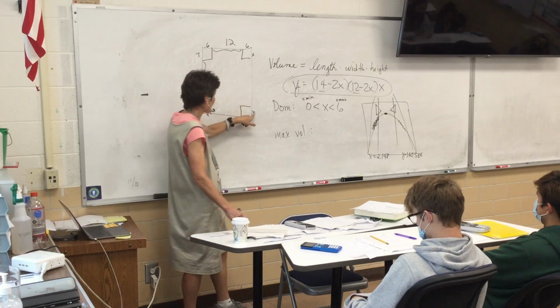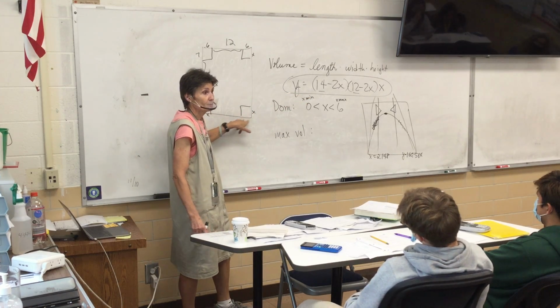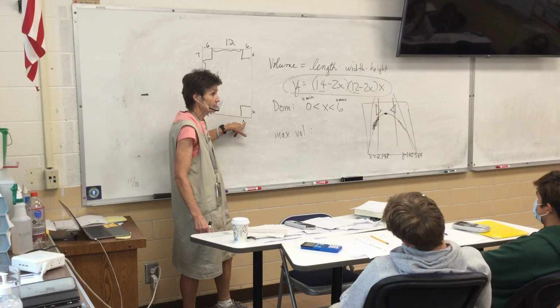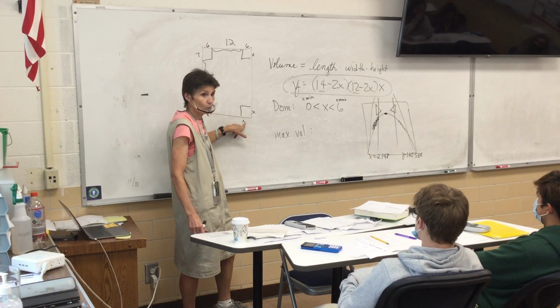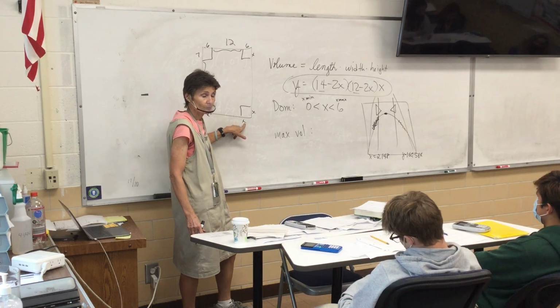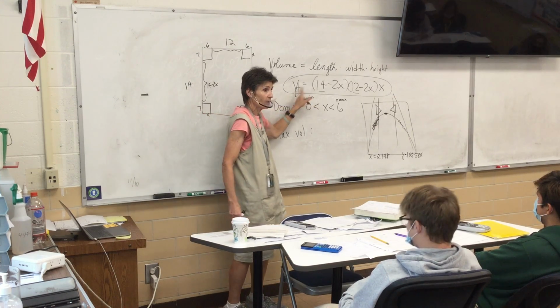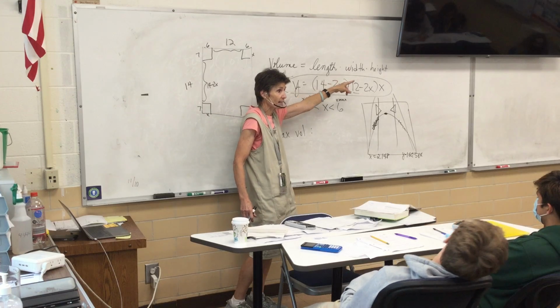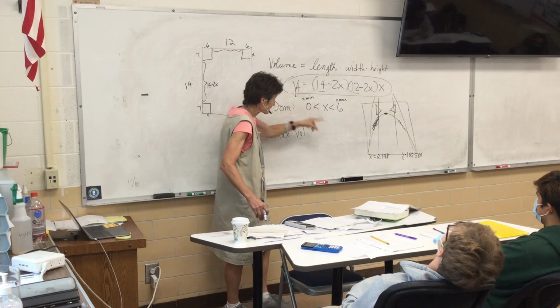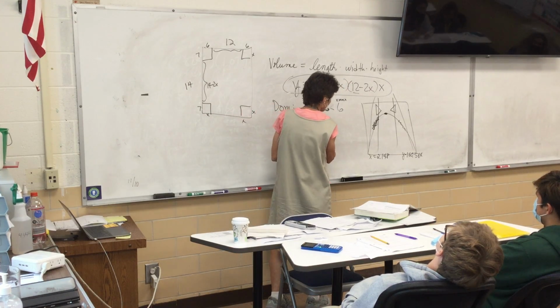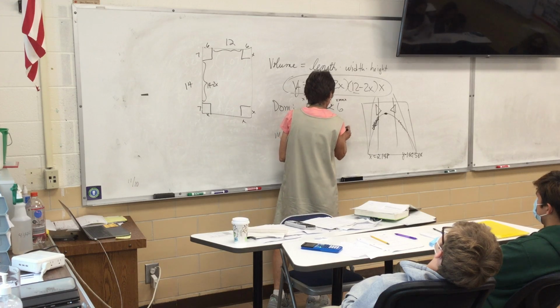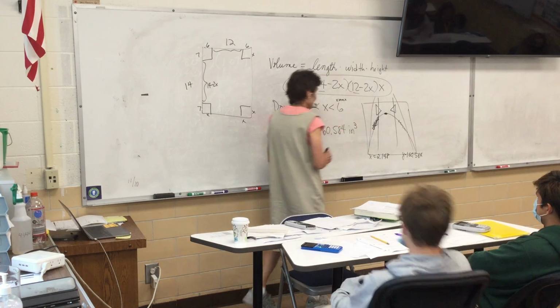Did X stand for the volume? What did X stand for? The corners that you ripped out? Okay, that's not the volume. Did Y stand for the volume? Length times width times height? So the maximum volume is 160.584 cubic inches.